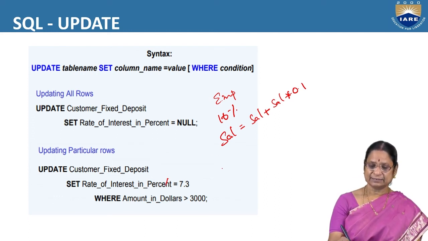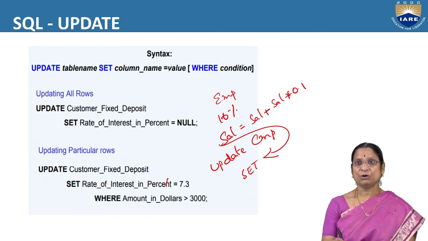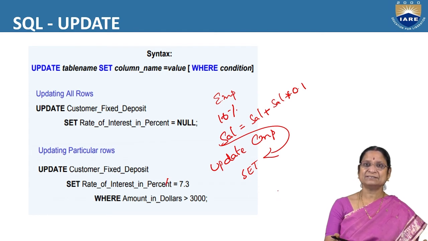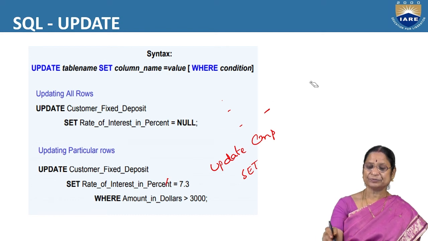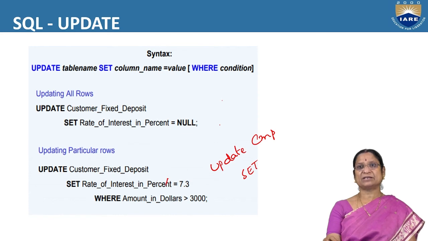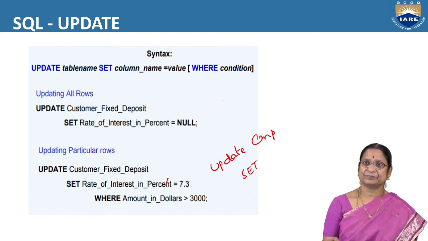So I can write the update statement as: update my employee table set this expression, for all employees, please give a 10% hike. But say the employees who have a salary less than 5,000, only for them I am supposed to give the enhancement.